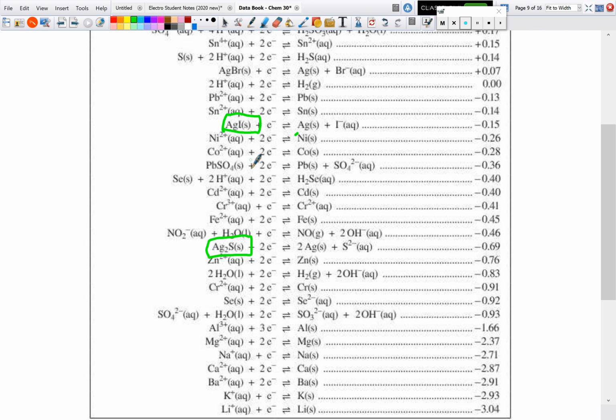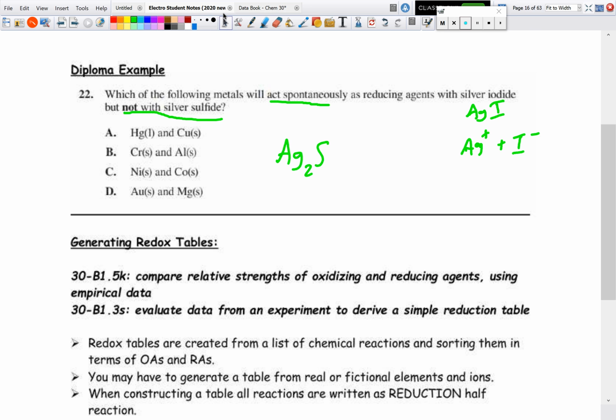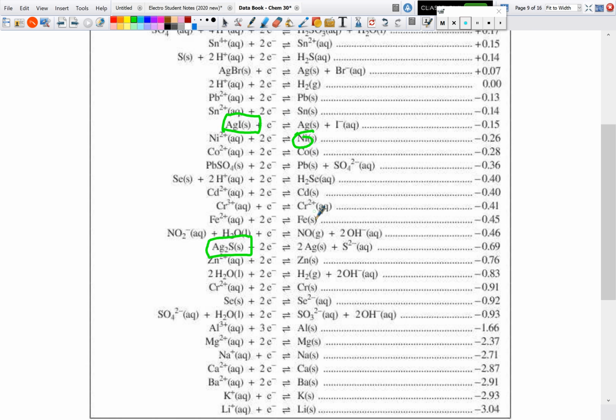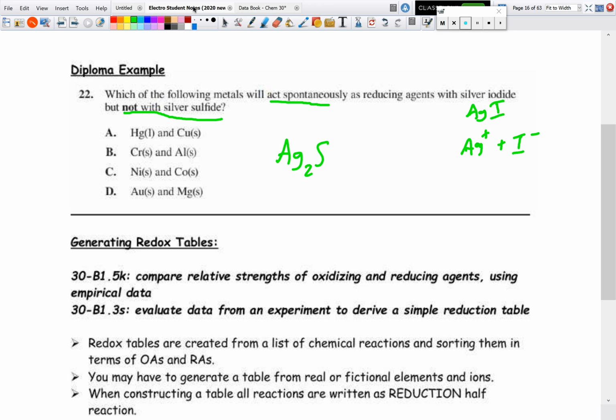So basically we're looking for the combination of the two, where I believe nickel and cadmium, or sorry, nickel and chromium. So this one here is spontaneous, non-spontaneous here. So our answer is C.